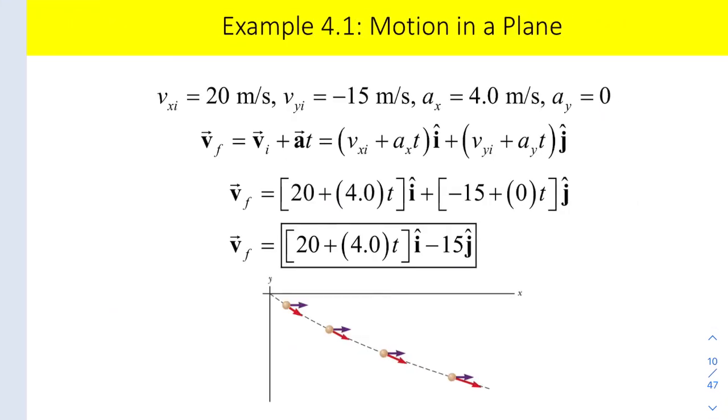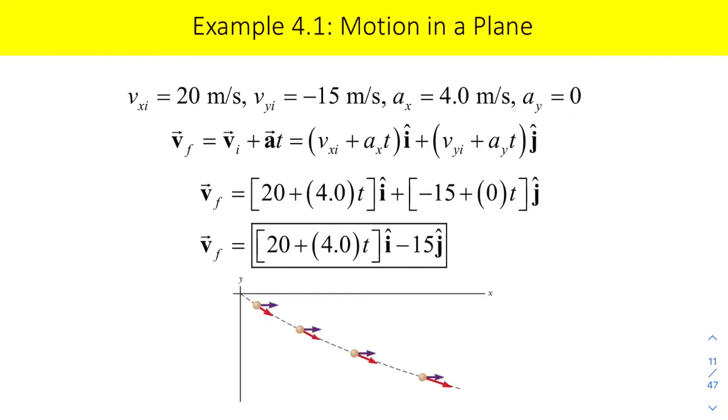Okay, so how to do this? You have this information in your hand. How do you know that ay is 0? Because just now it has only a along x, as already stated.